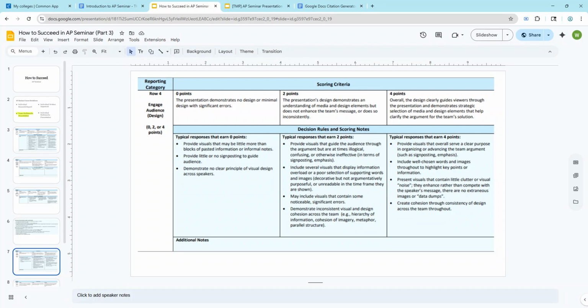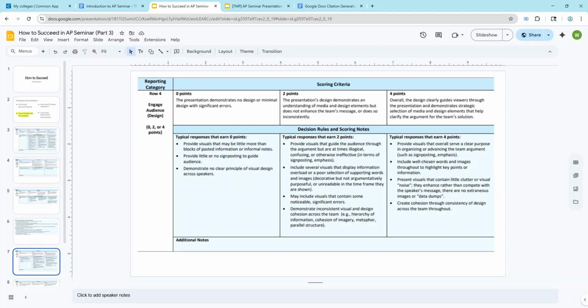You do not want random images and a whole bunch of data on your slides that really serve no purpose or are really hard to interpret, because you want the audience, the teachers, to look at you, not be reading off the slides eventually, right? So do not have everything on your slides like that.